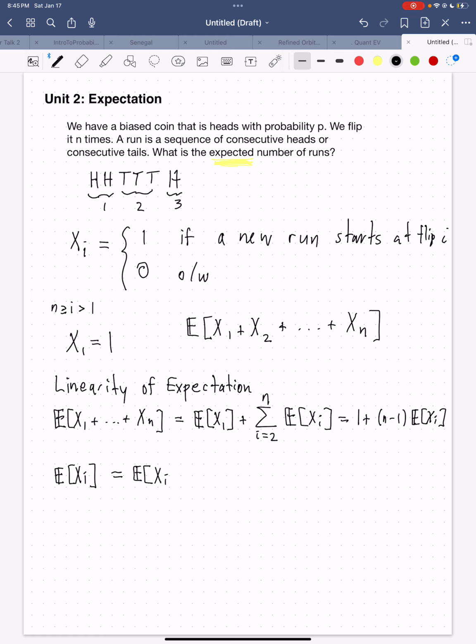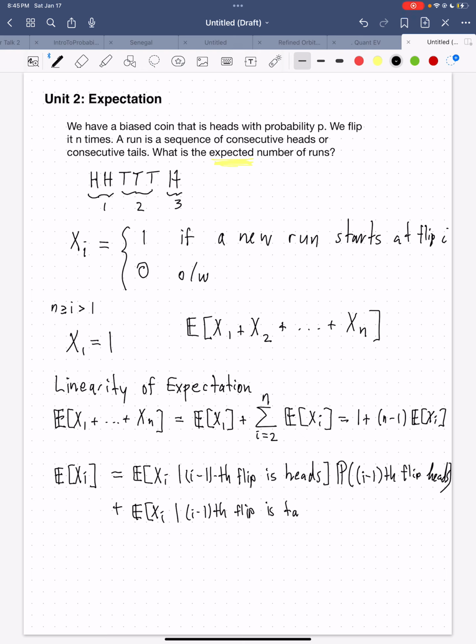So we can condition on whether the i minus 1 flip is heads: the expectation of Xi given the i minus 1 flip is heads, times the probability the i minus 1 flip is heads, plus the expectation of Xi given the i minus 1 flip is tails, times the probability that the i minus 1 flip is tails.